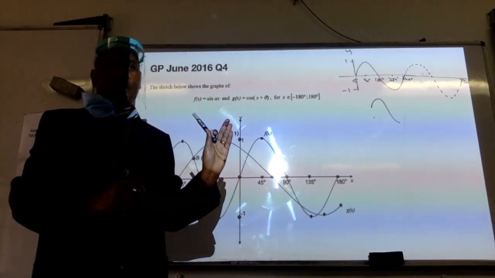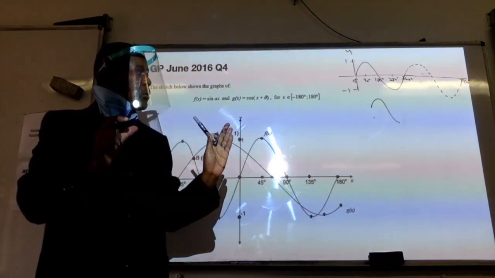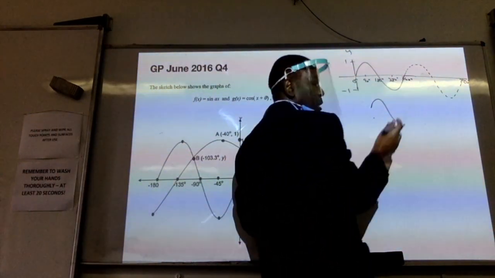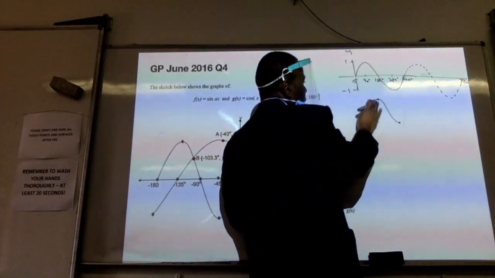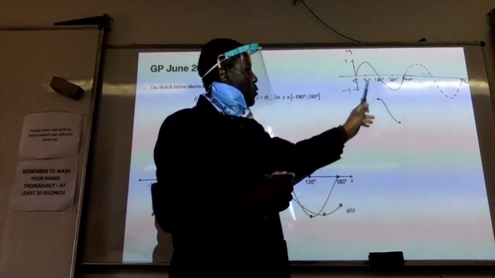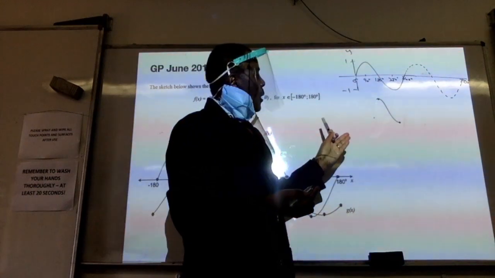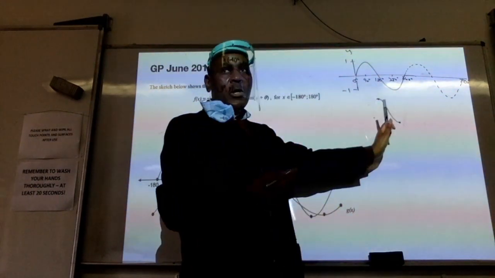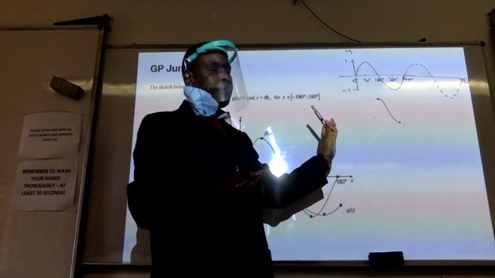How many degrees did I cut off? 90, if this was the turning point. If I cut this off again, I've cut off another 90 degrees. So what you see there is still the graph of sine. But you can tell that it is actually half of a period because 2 quarters have been removed.